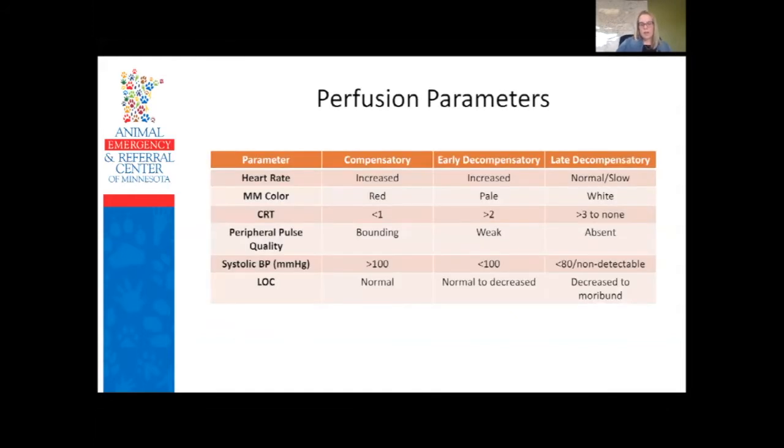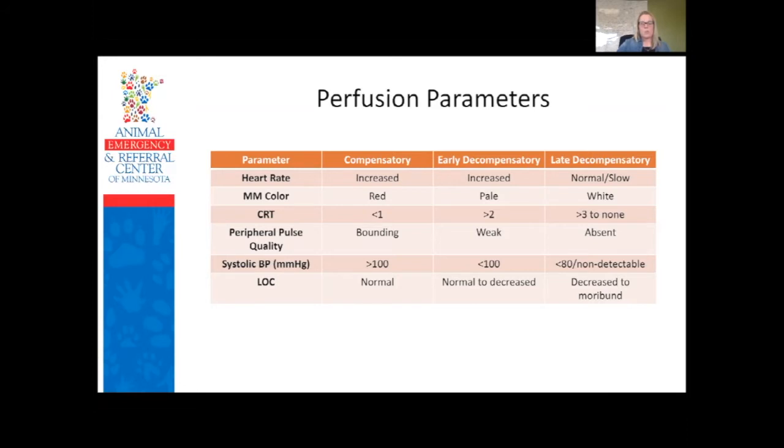So when we look at that a little bit more closely, when we think about our stages of shock, we have our compensatory phase being first, early decompensatory as the patient progresses, and then late decompensatory as that patient becomes even more severely affected. So our perfusion parameters in a patient who's presenting in the compensatory stage of shock, their body is compensating, right?